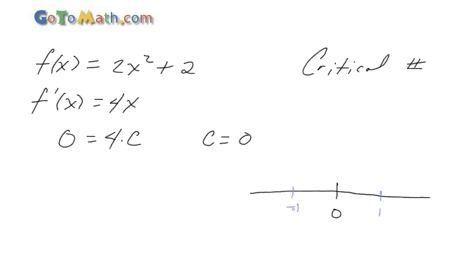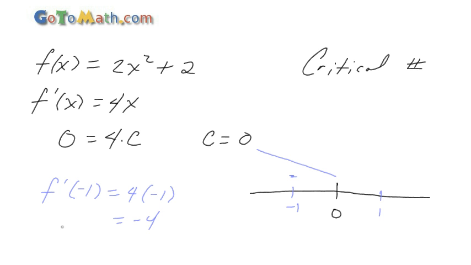Now what you're going to want to do is take -1 and plug it into the derivative. So f prime of -1, and all we're concerned about is whether this number is negative or positive, and it turns out it's -4, so this is going to be negative, and that means that the graph is decreasing up to 0.